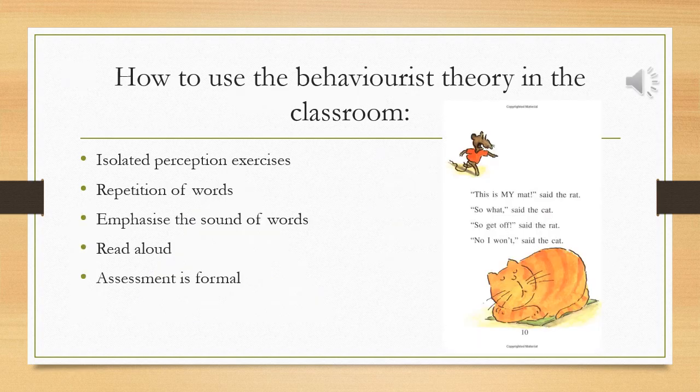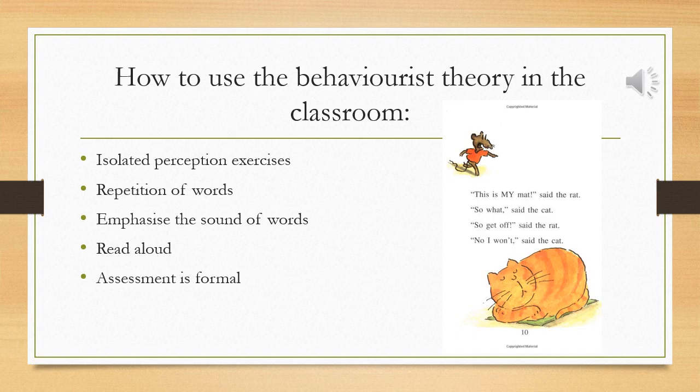So now that we know what the behaviorist theory is, how do we apply it to our own teaching? First of all, a reading readiness program must be created before a learner can start to learn how to read. Isolated perception exercises without any context are used so that learners can be ready to start learning how to read.